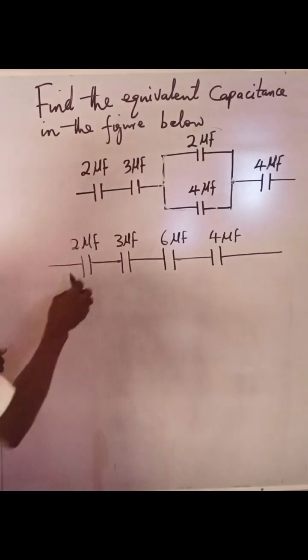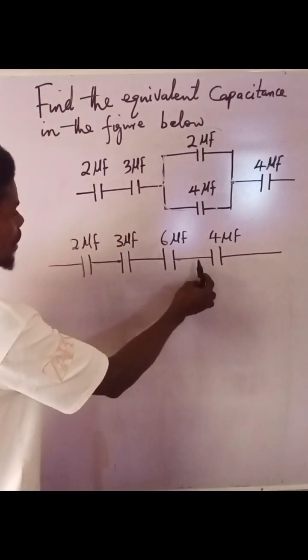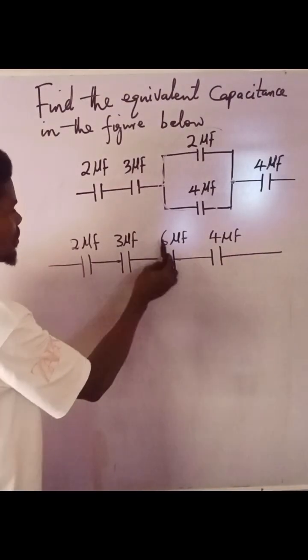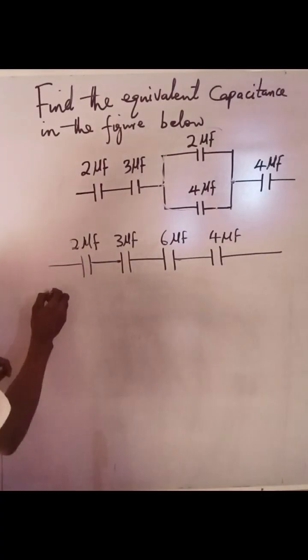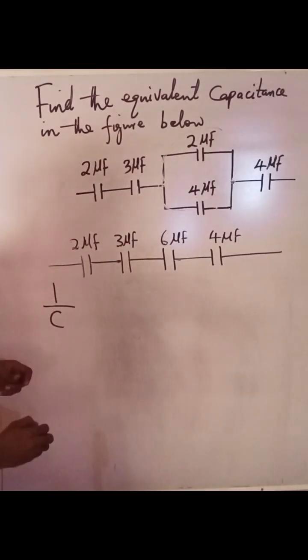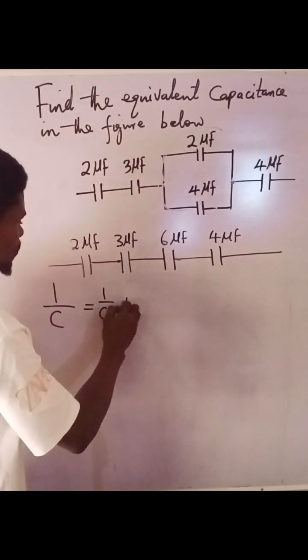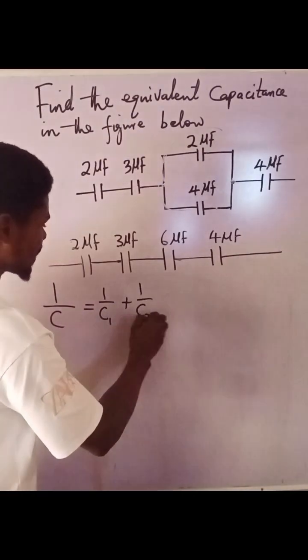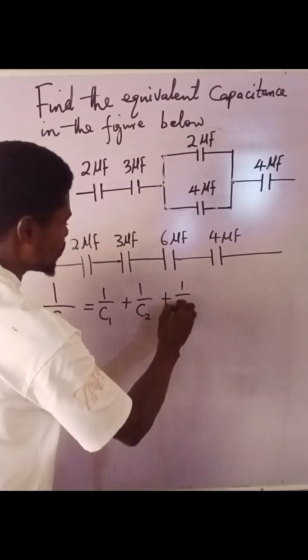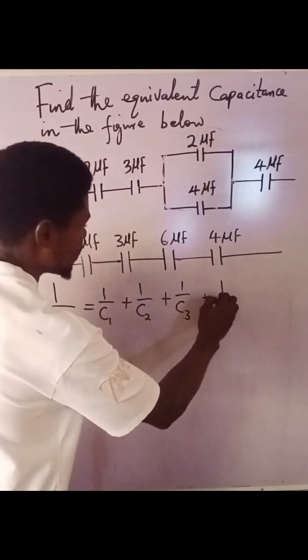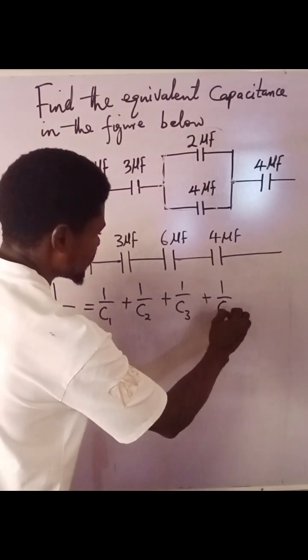Since there are 4 capacitors arranged in series, that is 2, 3, 6, and 4, 1 over the total capacitance is equal to 1 over the first capacitance plus 1 over the second capacitance plus 1 over the third one plus 1 over the fourth one.